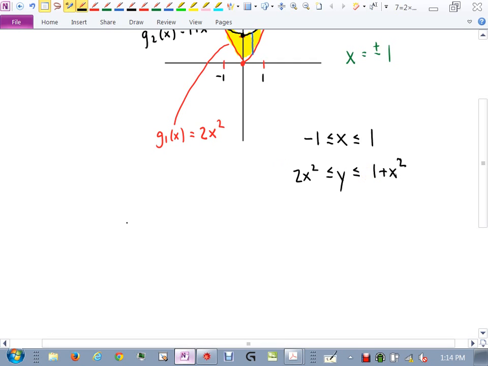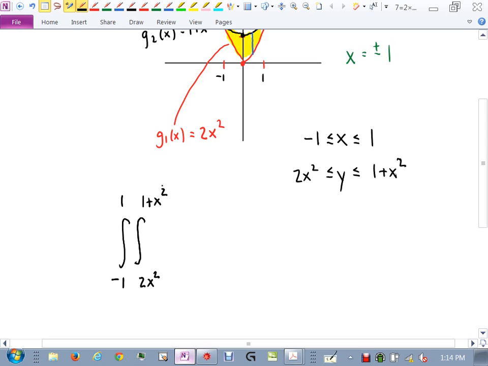And now I can go set up my double integral. It's a type 1 region, so the outer integral is going to be my restriction on x, which is -1 to 1. My inner integral will be my restrictions on y, which is from 2x squared to 1 plus x squared. And then what is it that's in my integrand? What's the thing that I'm integrating?